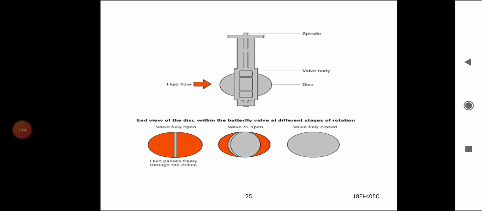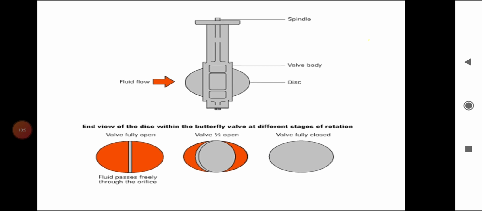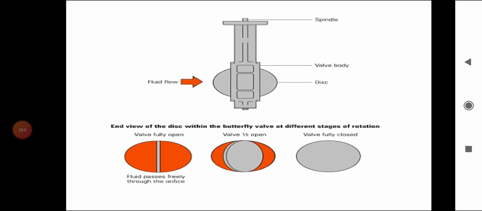The end view of the disc within the butterfly valve at different stages of rotation is shown in the slide. The spindle, the valve body, the disc arranged in the valve body, and the fluid flow. When the valve is fully open, fluid passes freely through the orifice.